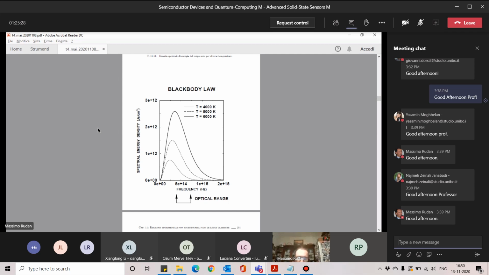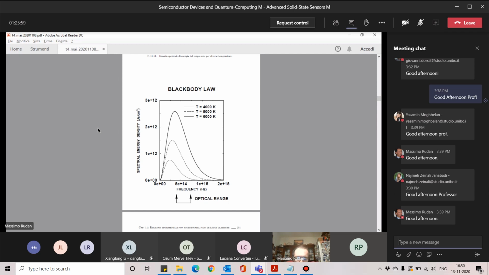So if we plot the curves as a function of frequency and we use temperature as a parameter, we obtain this form of the curves. The temperatures correspond roughly to the temperature of the surface of the sun. It's about 6,000 Kelvin, as you remember, or other temperatures near it, okay?